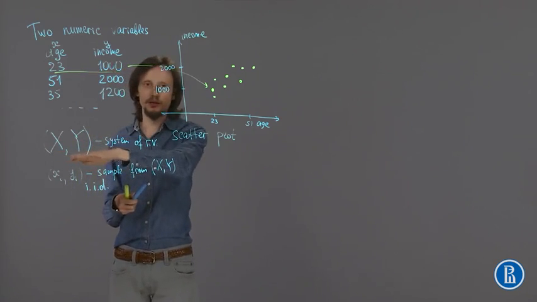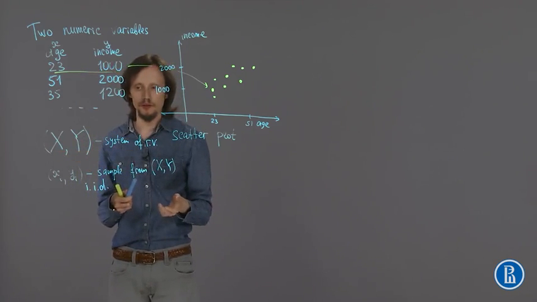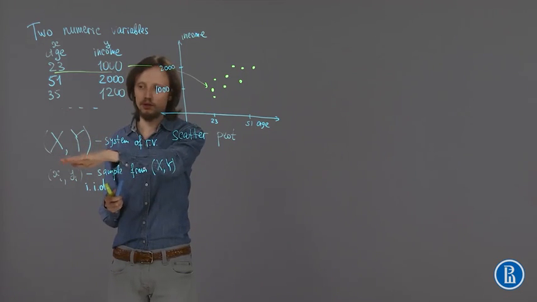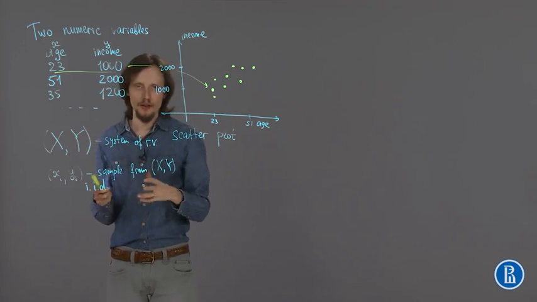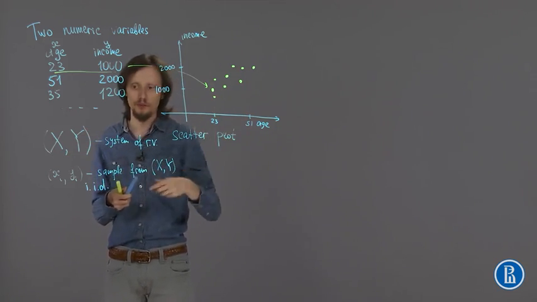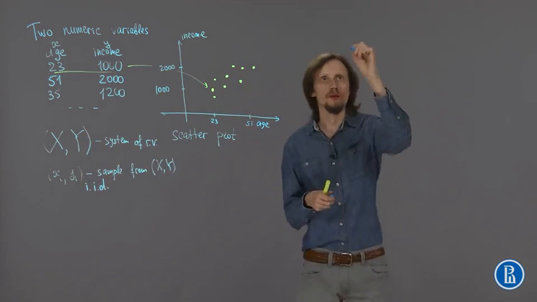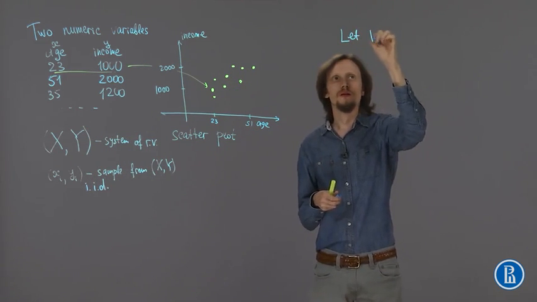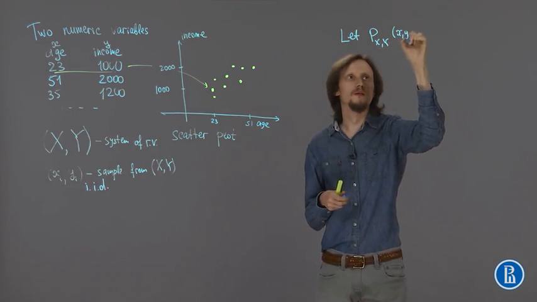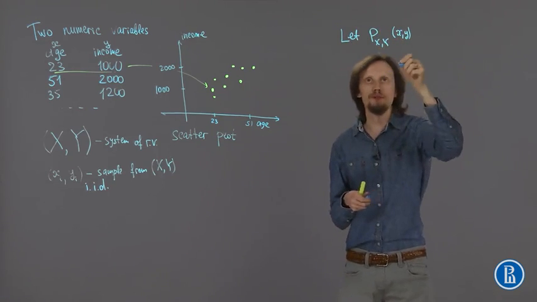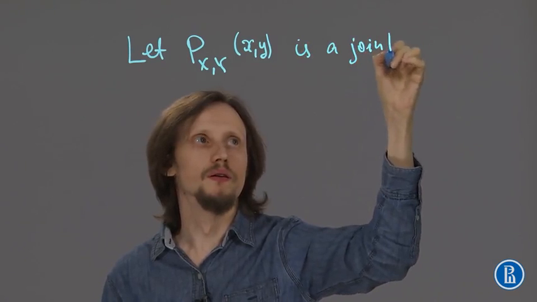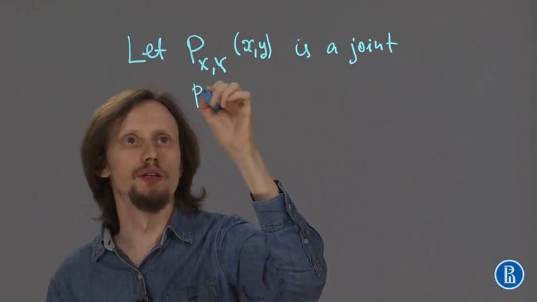We assume that x and y are continuous random variables, and moreover, there is a joint probability density function for this system. Then this probability density function is related to this scatter plot. So let p be a joint probability density function.